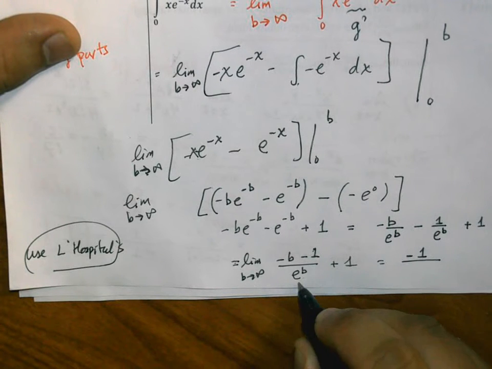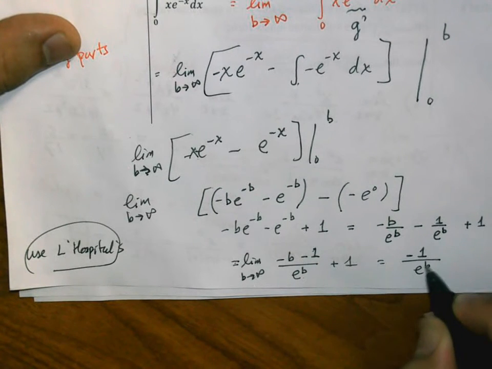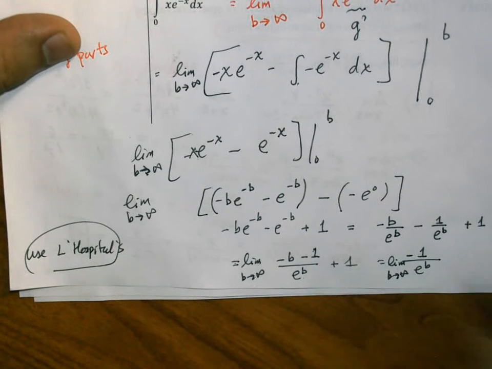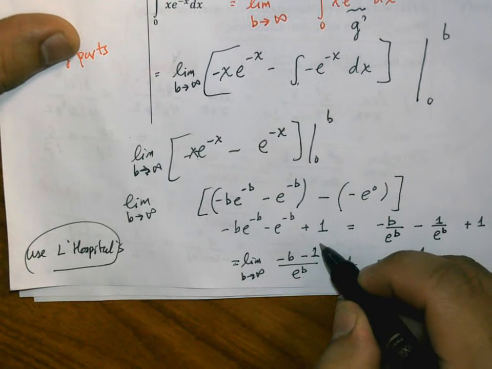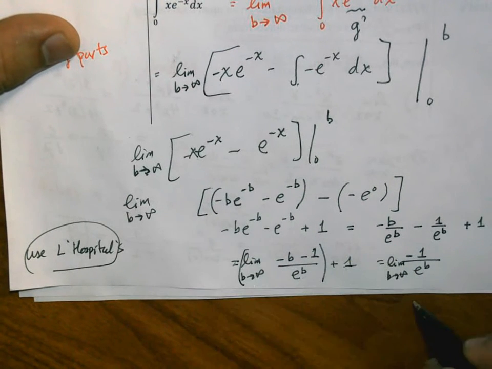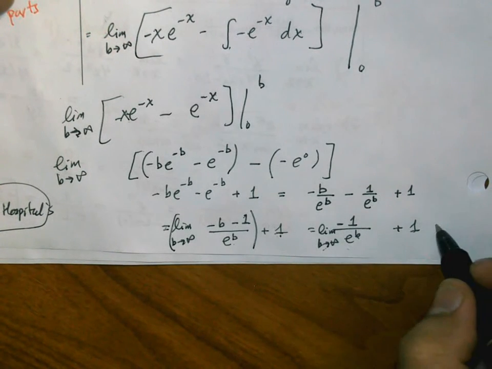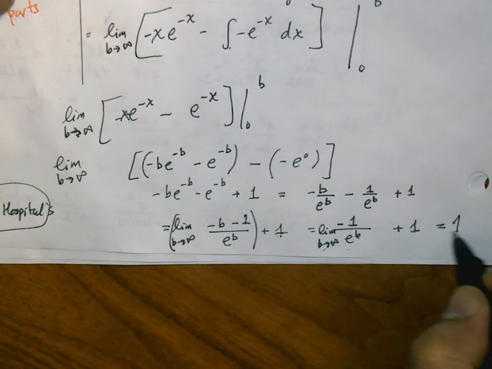The derivative of the bottom will give us e to the b, and we're going to take the limit as b approaches infinity. This 1 here we're going to leave, because it's just something we're going to add on at the end. And you can see here that the limit of this thing, as b approaches a very large number, is going to approach 0. So the answer to this is also 1.